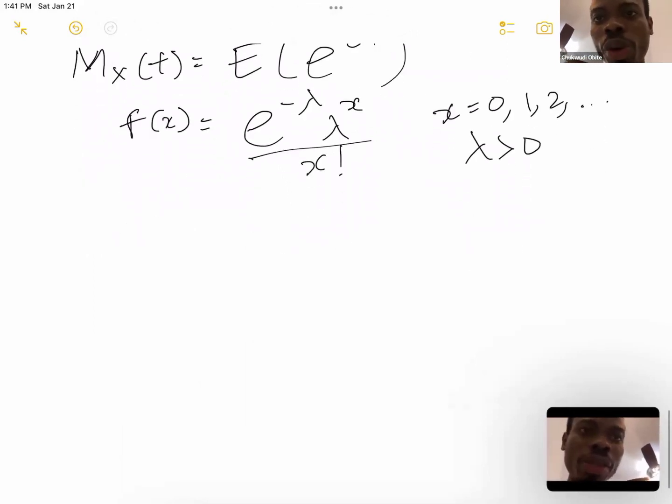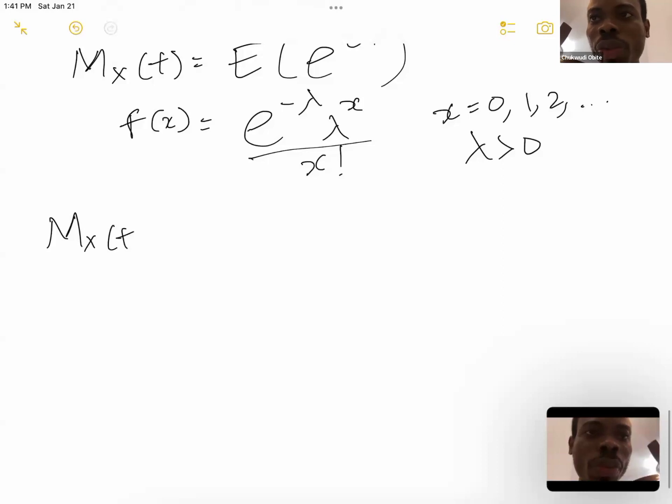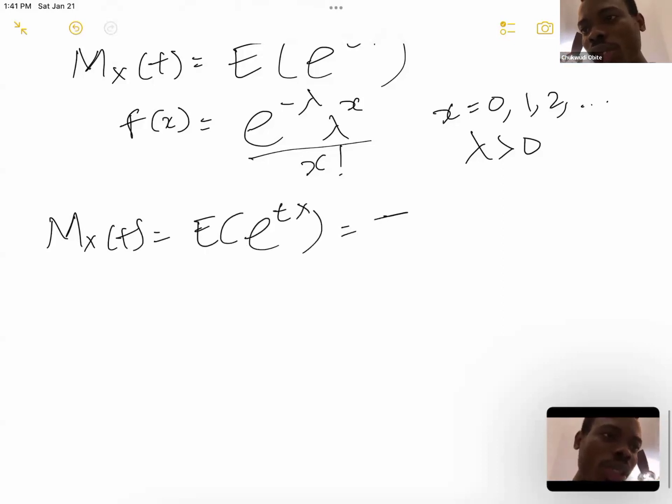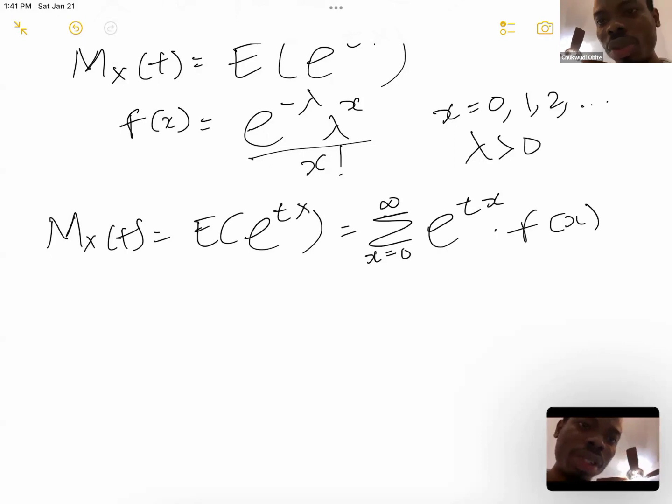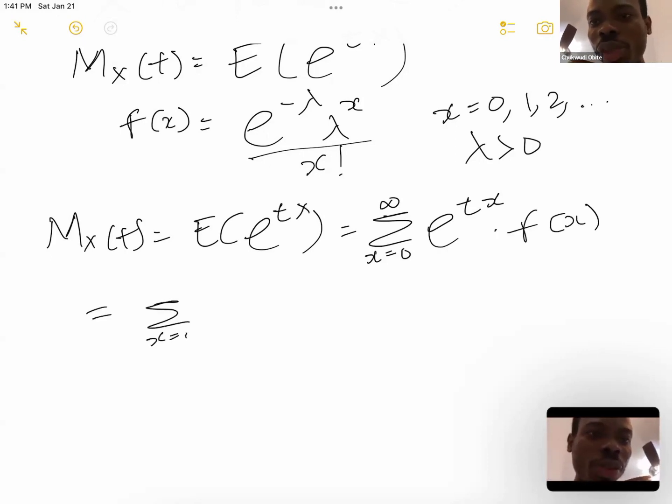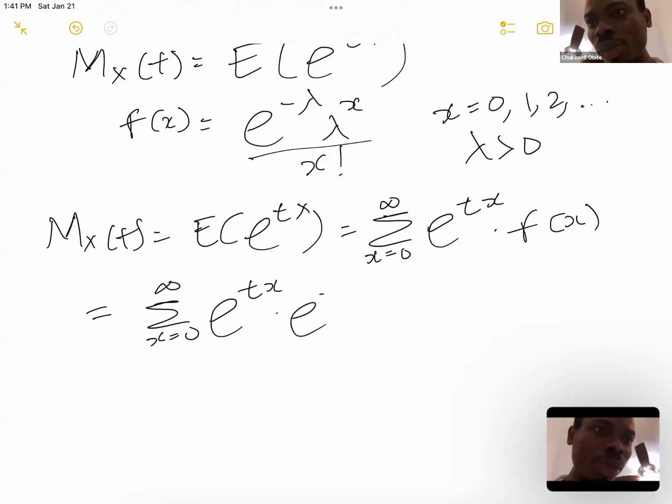So the MGF of a Poisson distribution, which is the expected value of e^(tX), will be the summation, x going from 0 to infinity, of e^(tx) times f of x. This will give me the summation x from 0 to infinity of e^(tx) times e raised to power minus lambda times lambda^x over x factorial.